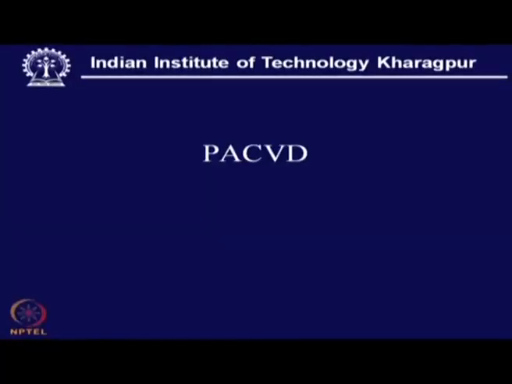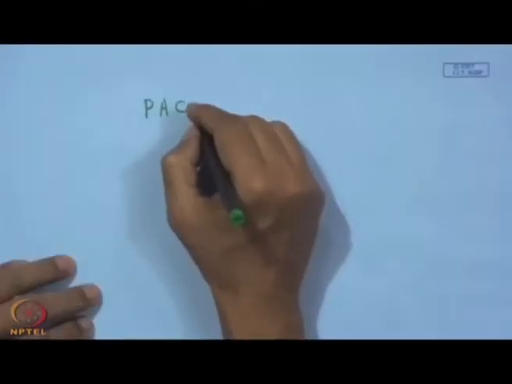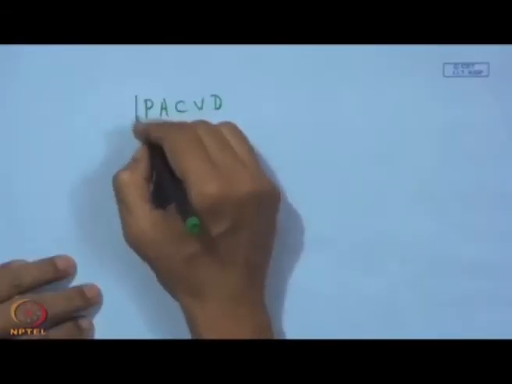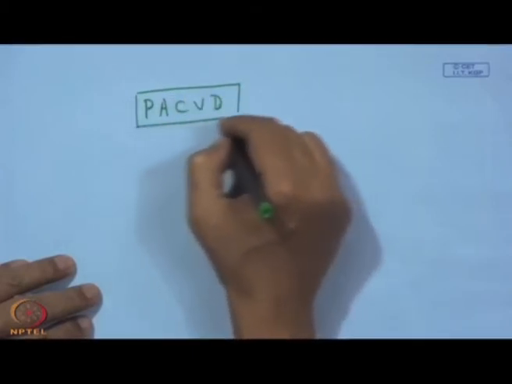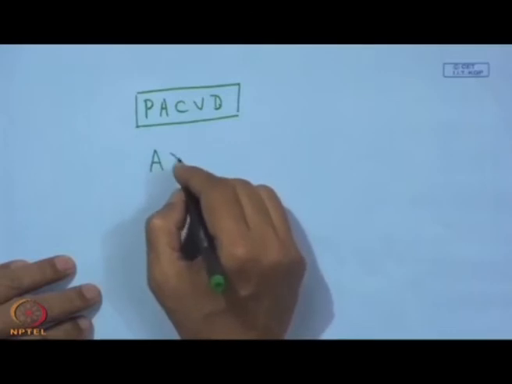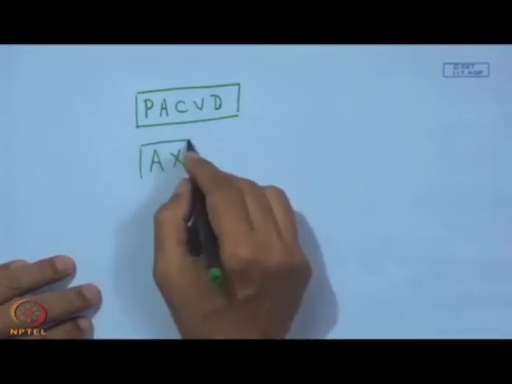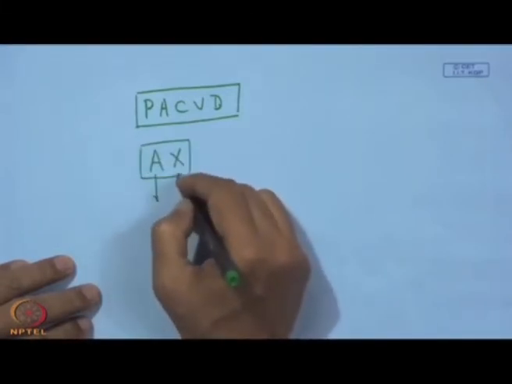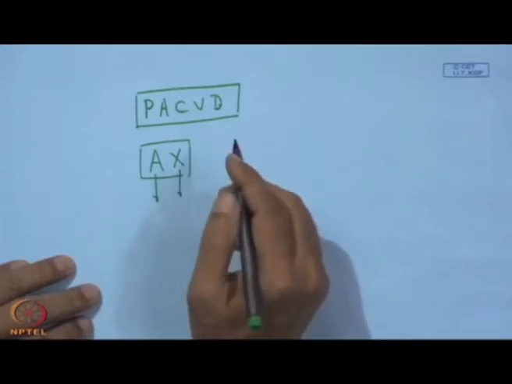Now comes this PACVD, plasma assisted CVD. Now, what happens? Suppose we have one reactive species where this is going to be the metal donor and this is going to be the halide.